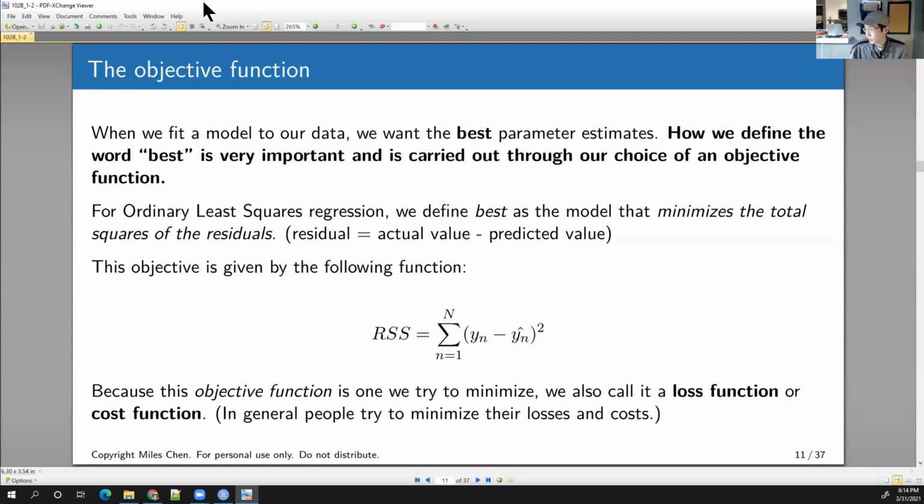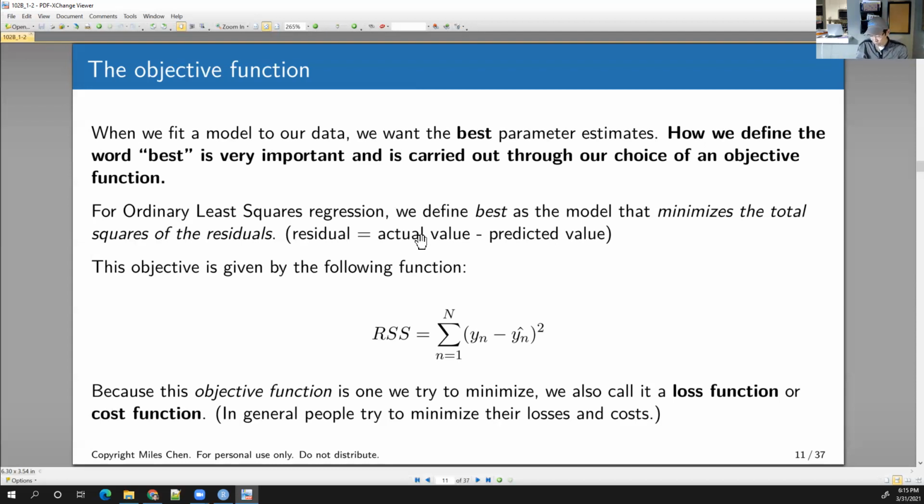All right, so for ordinary least squares regression, when we talk about OLS regression, best is the model that minimizes the total squares of the residuals. A residual is the difference between the actual value and what we predicted. So if the actual value is here and we predicted this value, this distance is the residual.